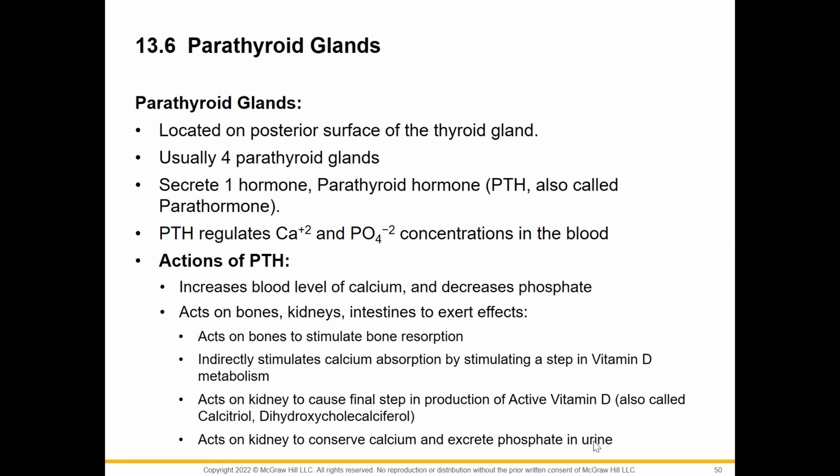It also makes sure that whatever phosphate is flowing around, we get rid of more of that. All right. So in order to keep that balance, we're getting rid of phosphate and we're keeping the calcium.